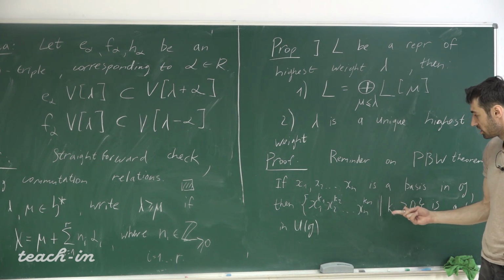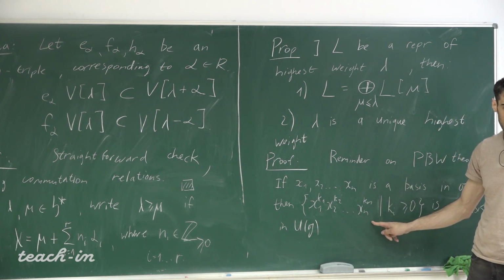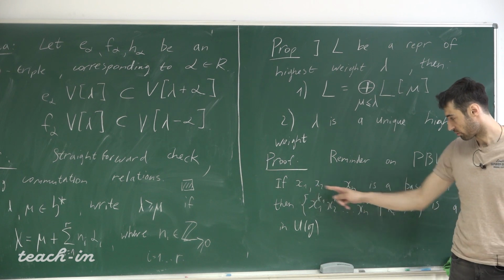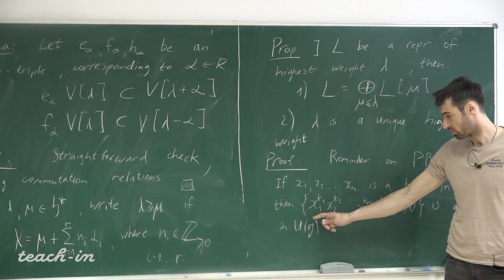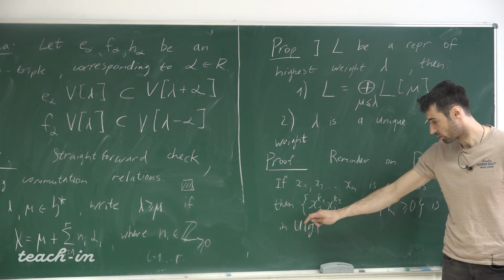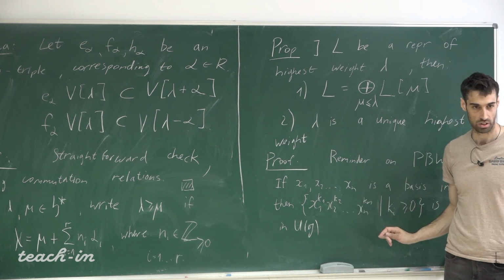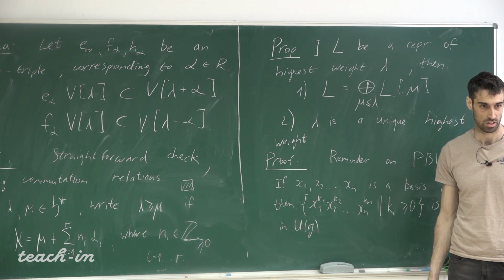So what's important here is that we order them. So if we have an ordered basis, then in monomials we should fix the order. Then this will give us a basis.